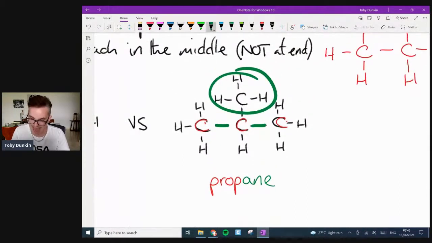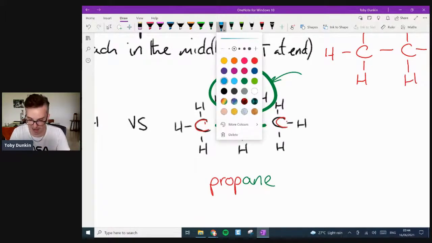Now the question is, how do I add that onto the front? So a branch in organics is a prefix. What that means is, number one is how many carbons are in the branch chain? And the answer is 1. I have 1 carbon in the branch chain.